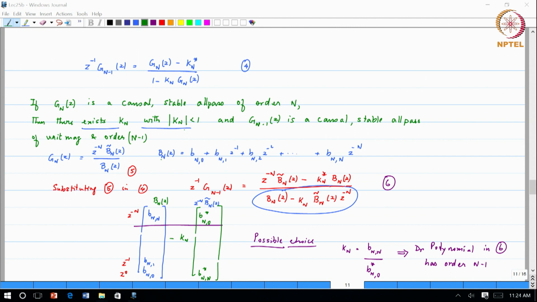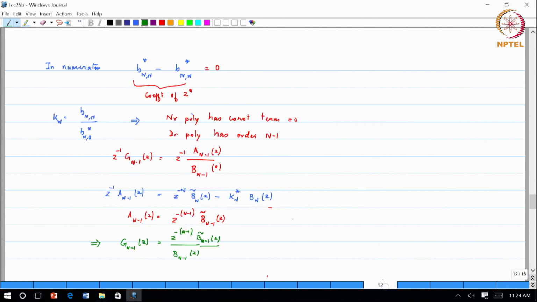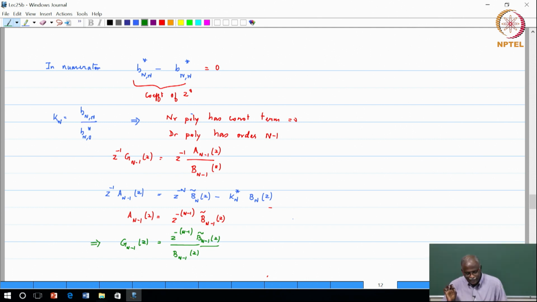We have not yet shown that Gn minus 1 is stable. Those are yet to be shown, but at least we have come to the part of saying that, okay, now at least we have shown that Gn minus 1 is also all pass. Gn is causal stable all pass, and we have been able to show that Gn minus 1, with the appropriate choice of Kn, will come out to be an all pass function.